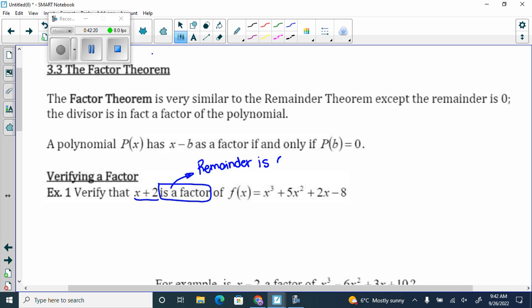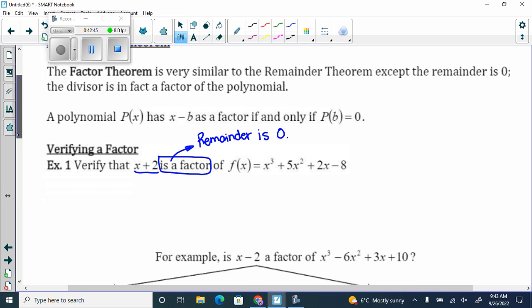Because it means that it goes into it evenly. So when you do long division, like when you're in younger years, and you don't get a remainder, then that number went in evenly. Like if you put 2 into 222, you'd get 1, 1, 1, and no remainder, right? So it went in evenly. So if something is a factor, same thing. If you actually did long division, you'd get no remainder, okay?